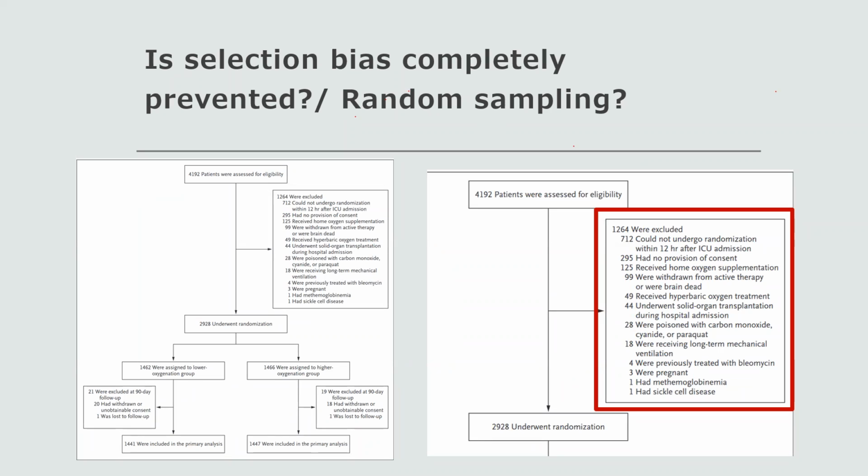That's why I phrased it so strongly: if it's completely prevented, I think we can't completely prevent it. To echo Riaz's point, I think the random sampling you're referring to has more to do with generalizability than the validity of the trial.